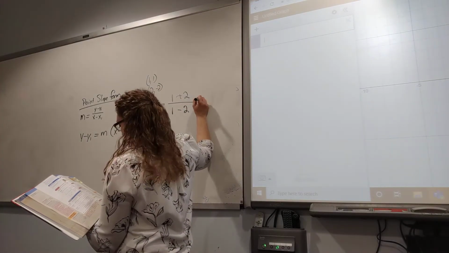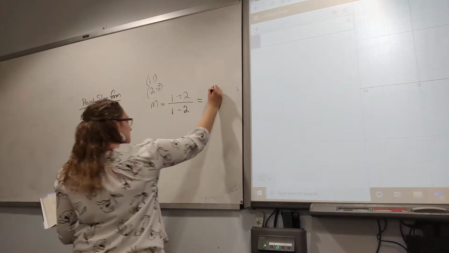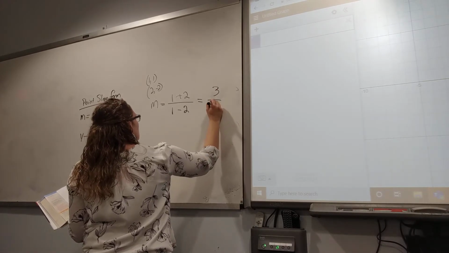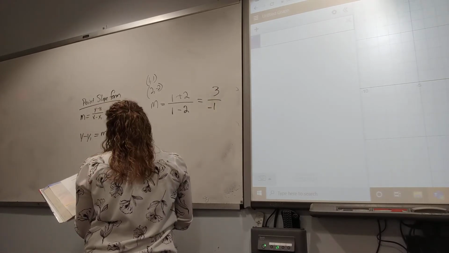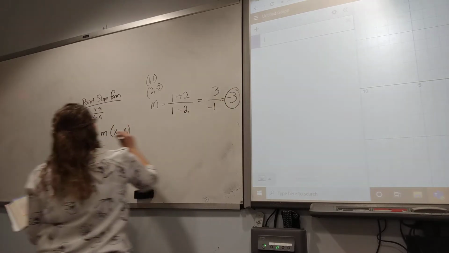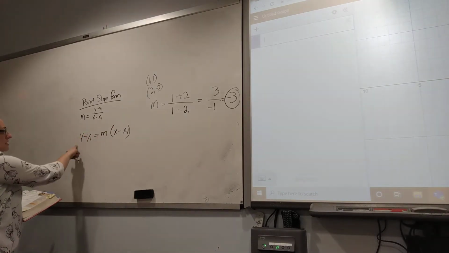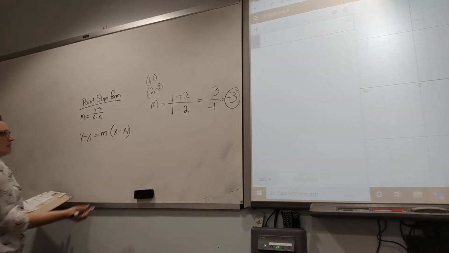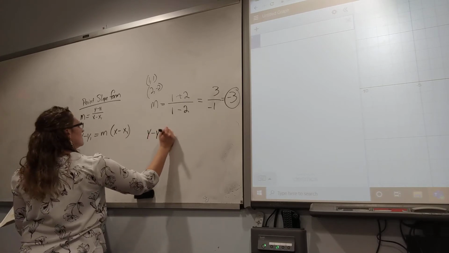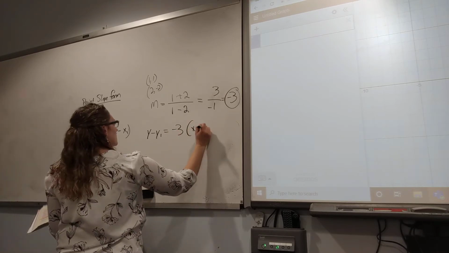Okay, so then we're just going to simplify it. 1 plus 2, class? Hardest question? 3. 1 minus 2 is negative 1. And so that slope is going to be negative 3. So that is going to be your m. Okay, so now we're going to take that and put it into this equation. So let's see, y minus y1, negative 3, x minus x1.